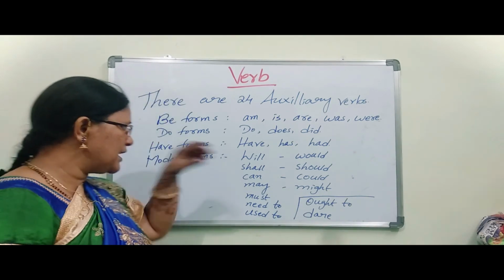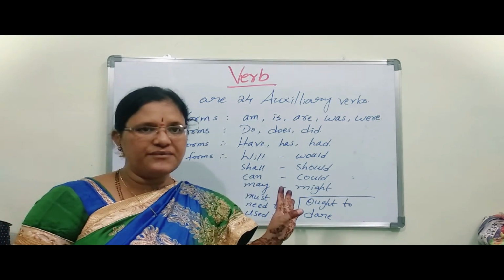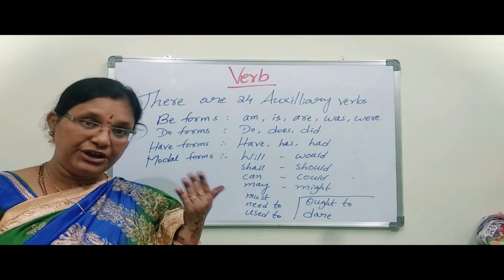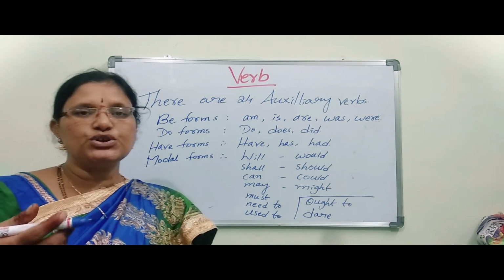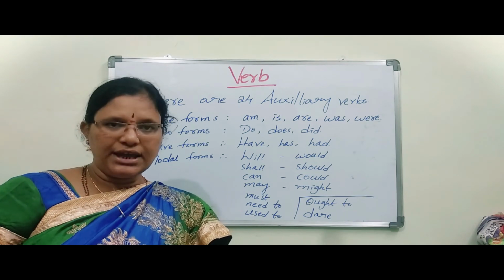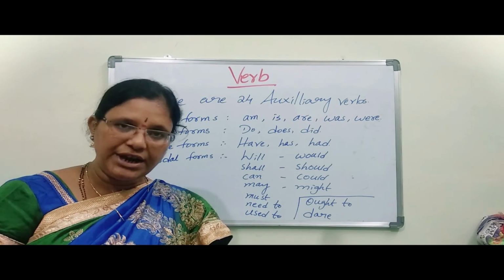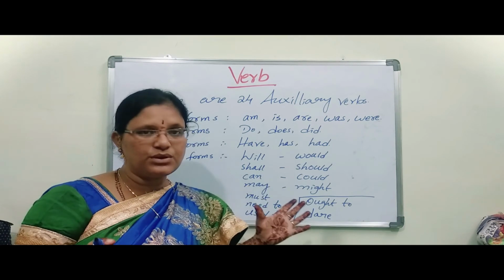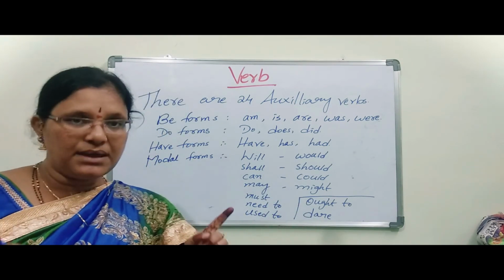These auxiliary verbs help us show an action, whether it is going on, going to take place, or already happened. With the help of these auxiliary verbs only we can understand this. That's why they are called helping verbs.